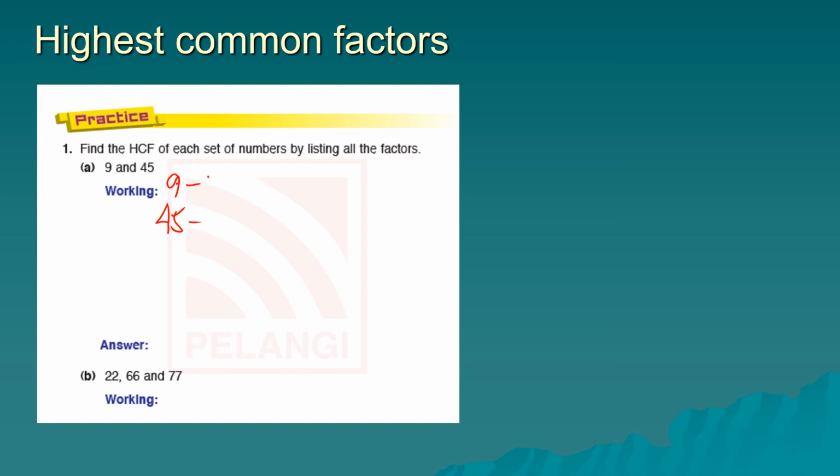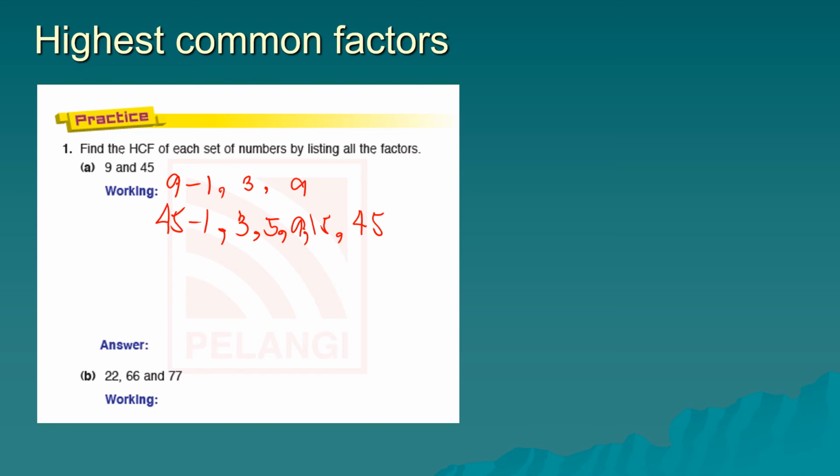For 9, we have 1 and 9, and then 3, so we don't have to write 3 2 times. For 45, we got 1, we got 45, we can also divide it by 3, what do we get? 15, we can also divide it by 5, and we get 9. So that's 1, 3, 5, 9, 15, and 45.